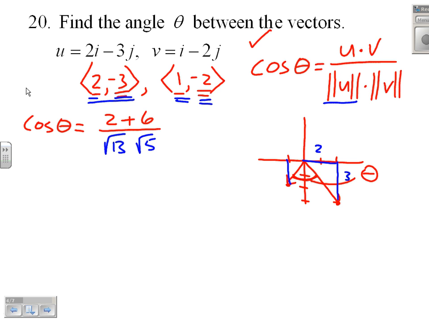So theta is cosine inverse of 8 over root 65. Typically, when we're talking about angles between vectors or angles of triangles, we would want those in degree measures, so we'd set our calculator in degrees unless we had some evidence to the contrary. Then we just find our theta, which I'll leave to the viewer.